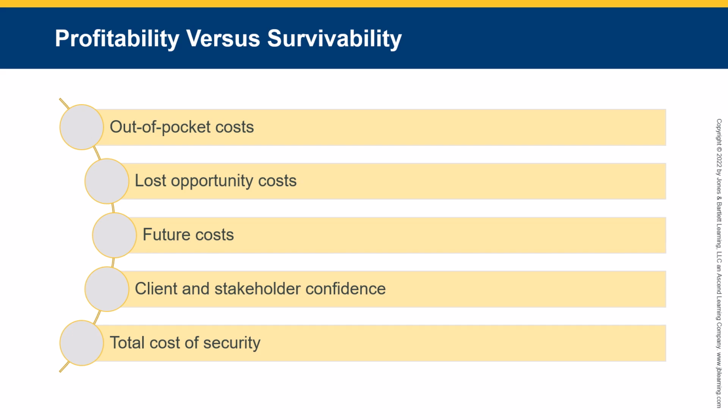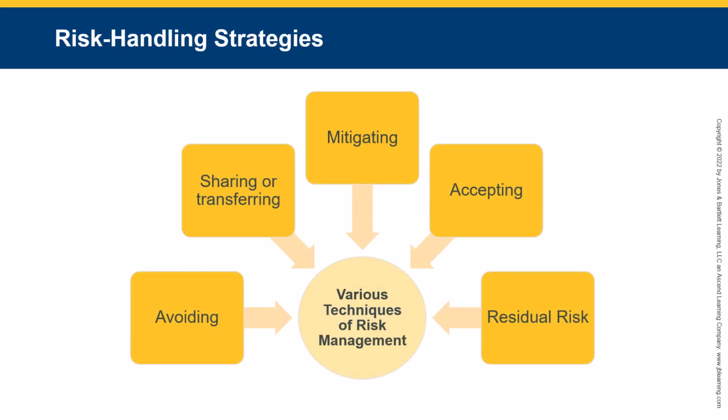Out-of-pocket costs, lost opportunity costs, future costs, confidence costs, client and stakeholder confidence, and total cost of security. Again, money doesn't grow on trees, so we do have to find a way to balance our costs so that profitability and survivability are appropriately balanced.